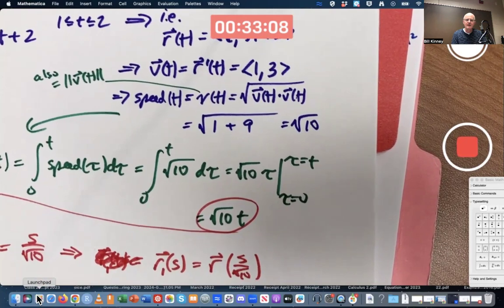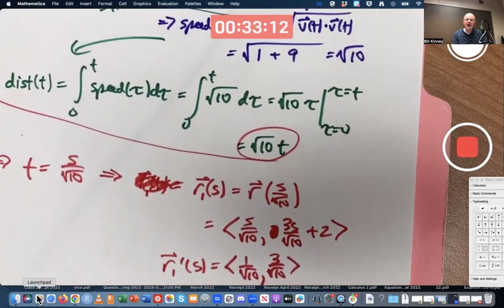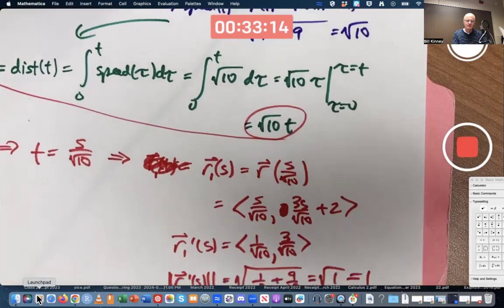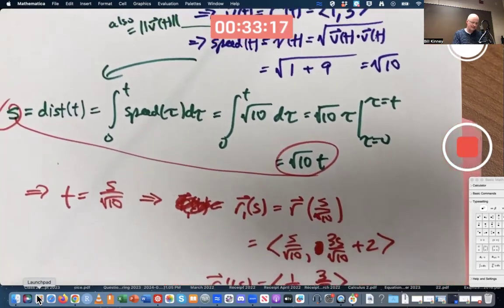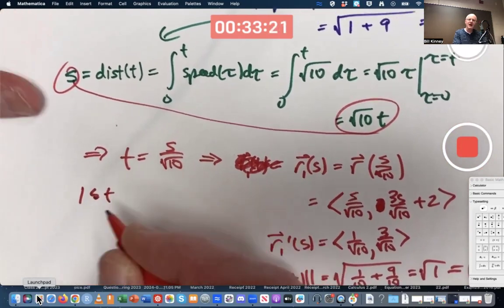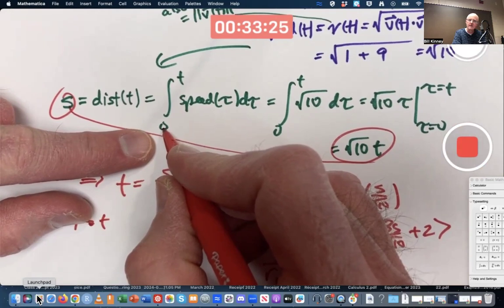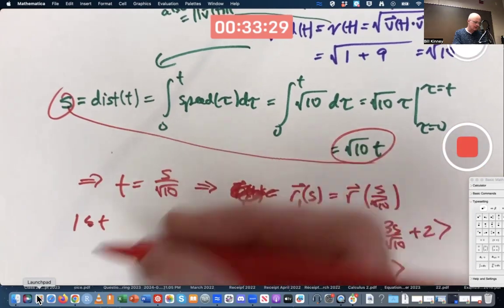Oh, wait a minute. I guess t goes from 1 to 2. I had to figure out the right limits for s. You know what I should have done? I should have made this a 1 instead of a 0 there. Sorry.